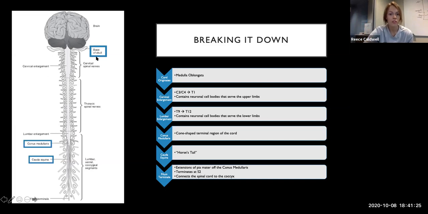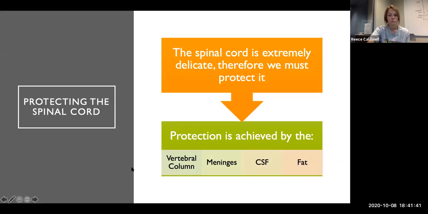So the cord originates at the medulla oblongata and terminates at the conus medullaris. The cauda equina extends off of it, also called the horse's tail in Latin, and then the filum terminale also extends off of it. The spinal cord is so delicate.